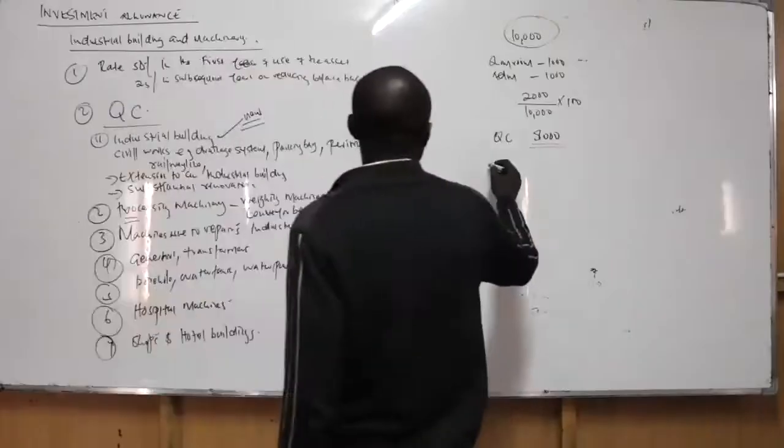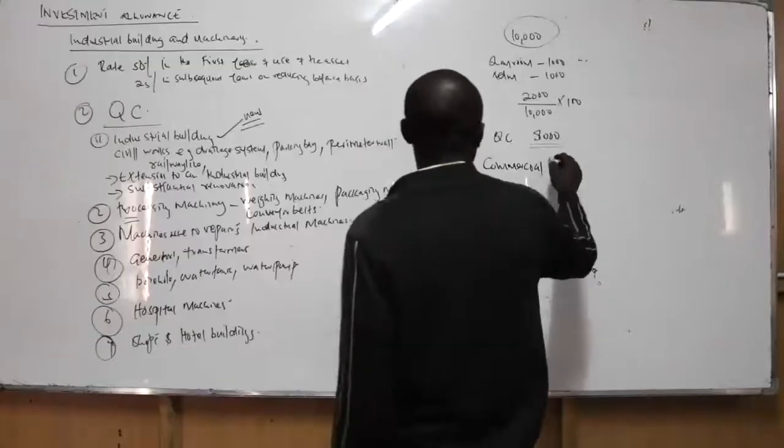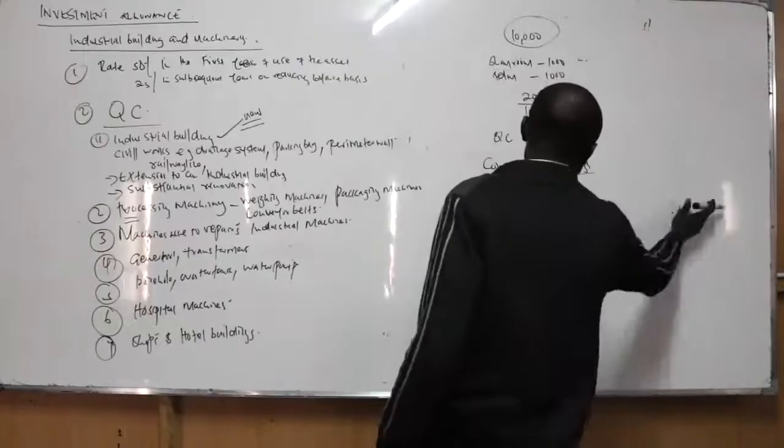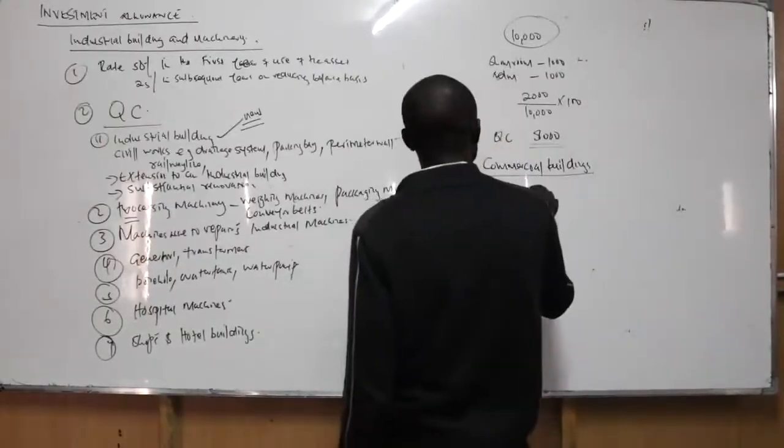And then now we have what we call commercial buildings. For this one, you need to know the rate: the rate is 10% on reducing balance basis.